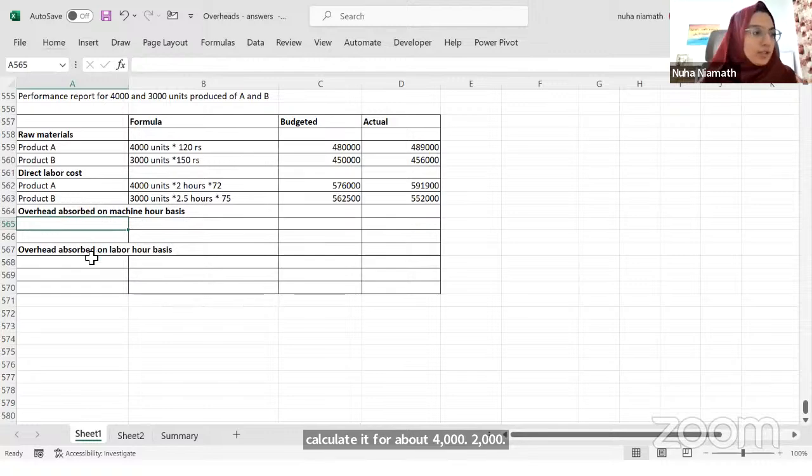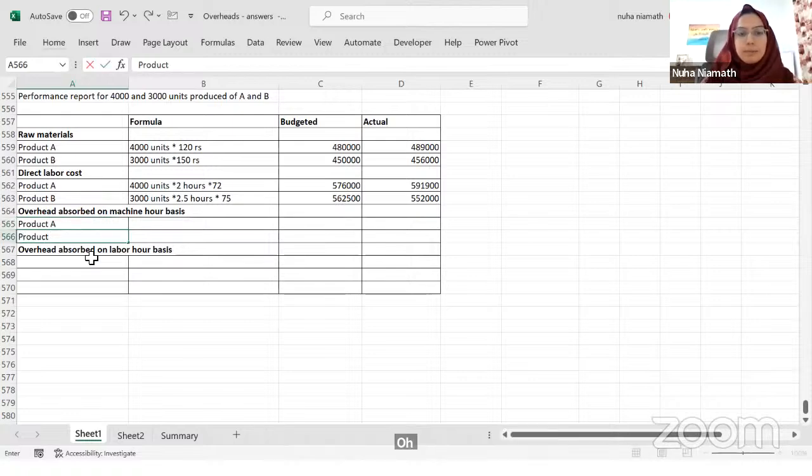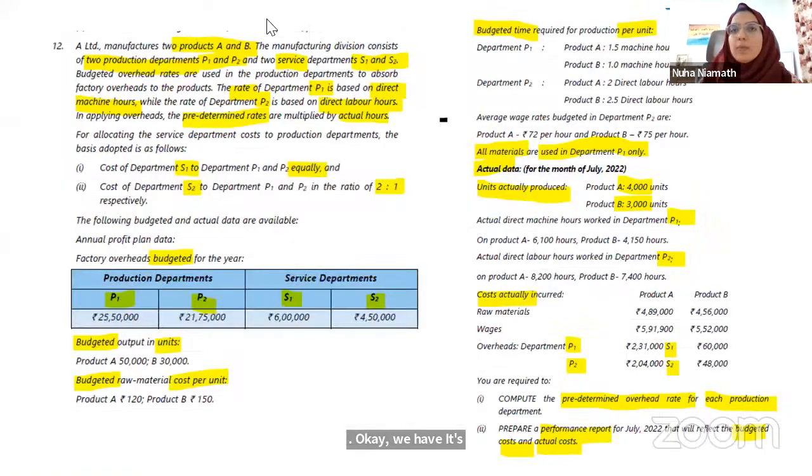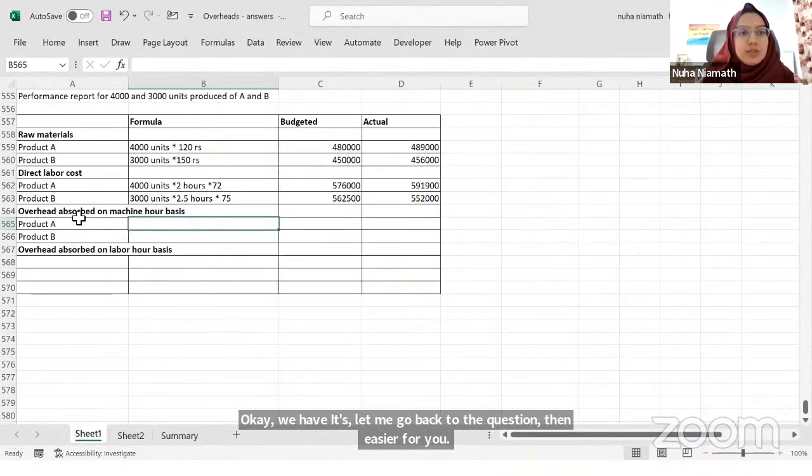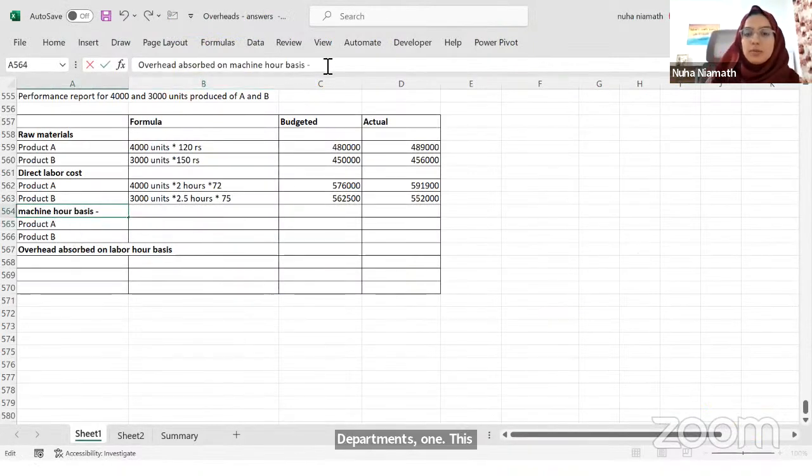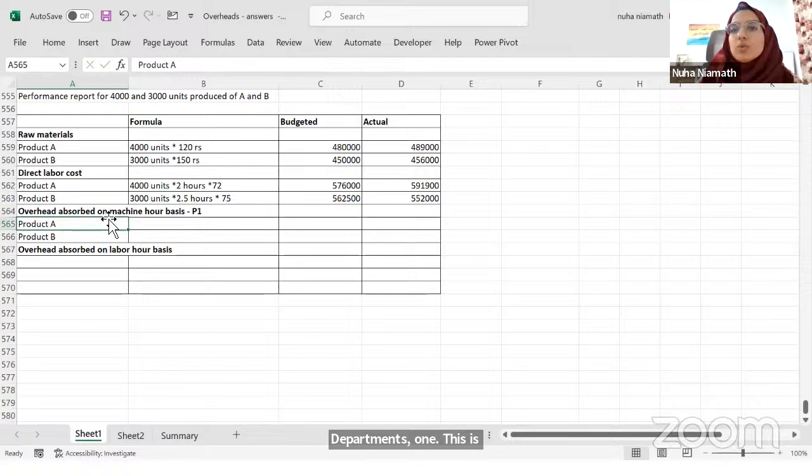All right, so let's proceed now. Overhead for product A and product B. Product A, again, we have 4,000 units. Let me go back to the question so that it's easier for you. Department P1. This is for machine hours P1. P1 is using the machine hour rate given in the question.